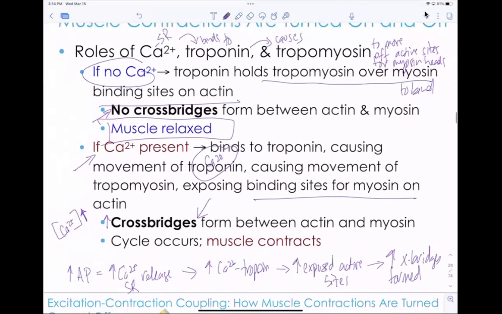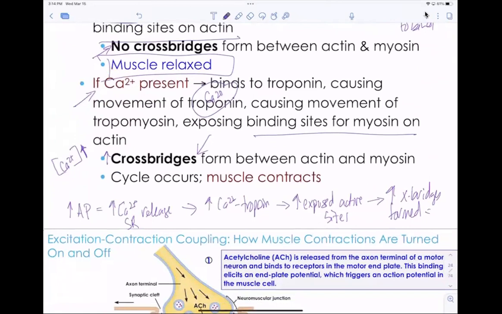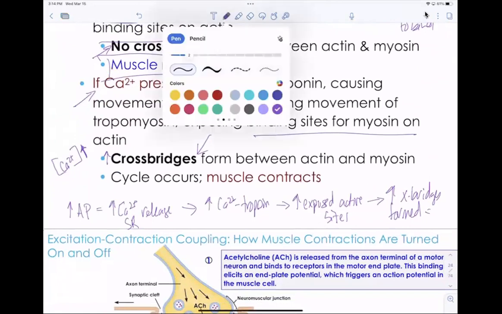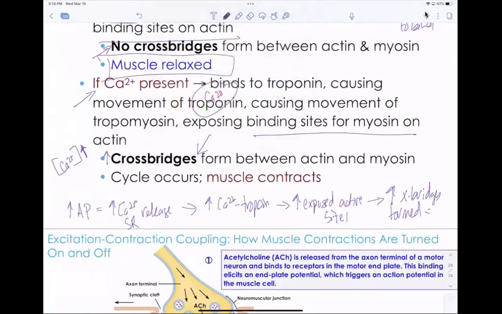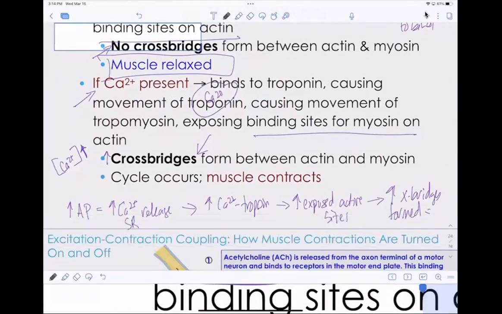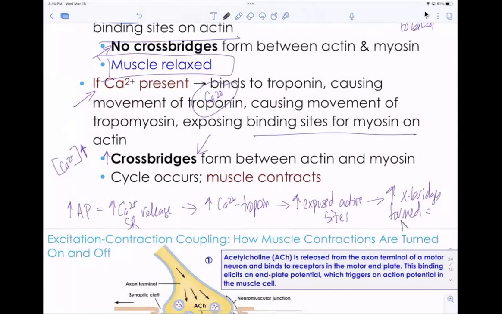And you're like, okay, cool. What does that mean? That means, I'm going to do this big and bold. What does that mean? More force produced in the muscle fiber. So it all starts here. More action potentials.